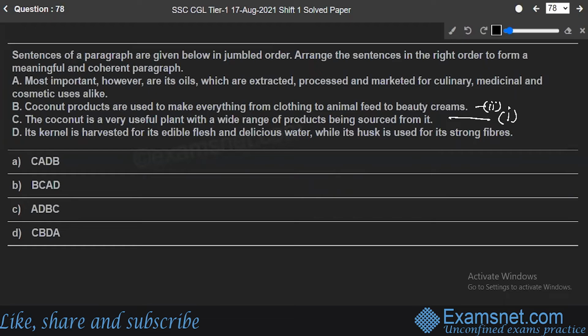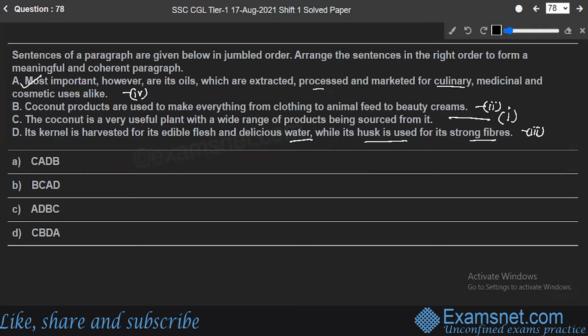Then it will be sentence D, because it further explains sentence B: its kernel is harvested for its edible flesh and delicious water, while the husk is used for its strong fibers. Then lastly, sentence A will be the last one: most important, however, are its oils, which are extracted, processed, and marketed for culinary, medicinal and cosmetic uses alike.